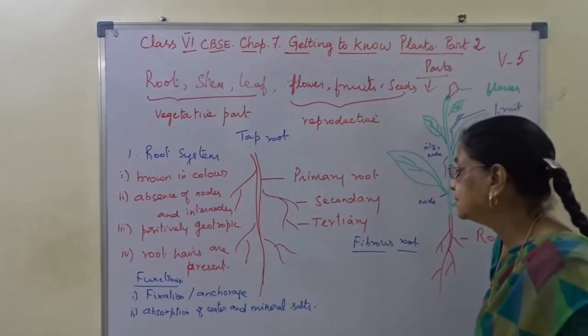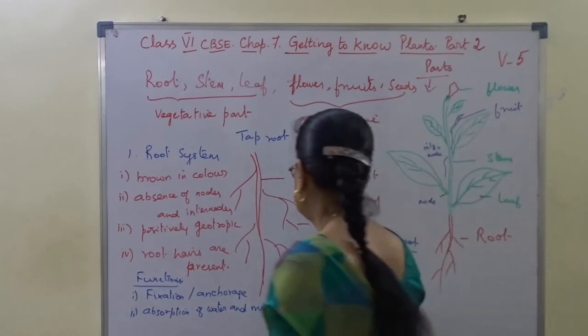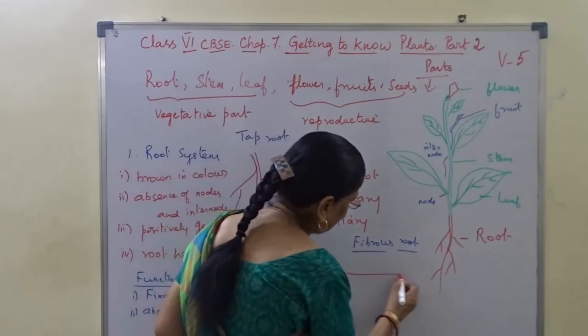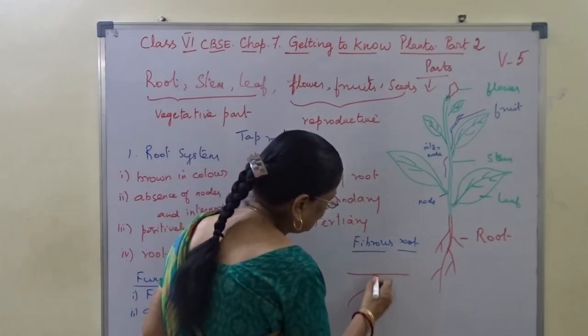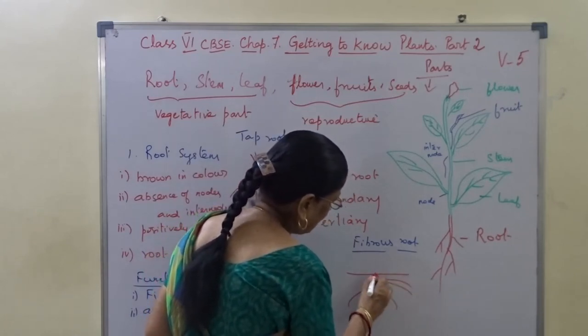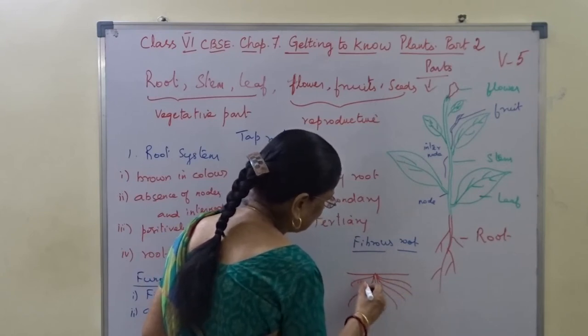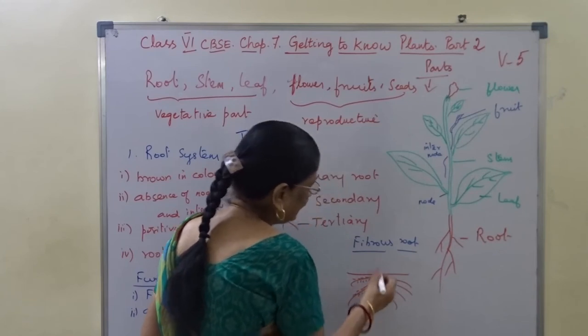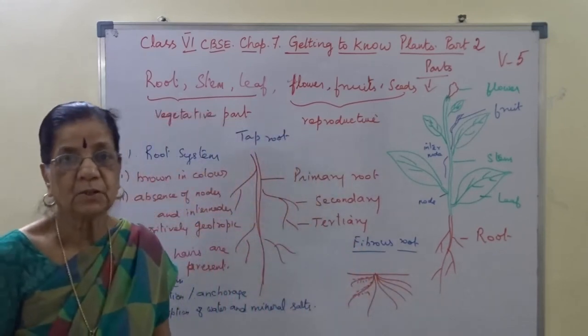Now this fibrous root system: from the base of the stem, a cluster of roots are arising. That is called fibrous root.